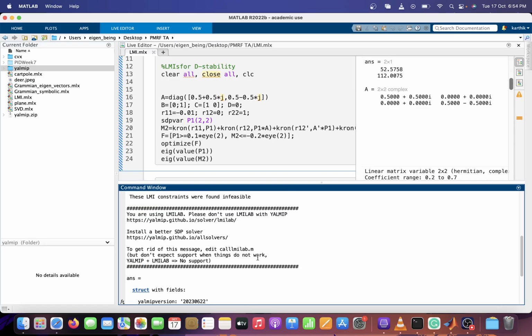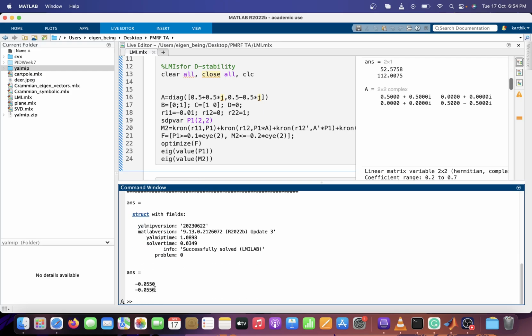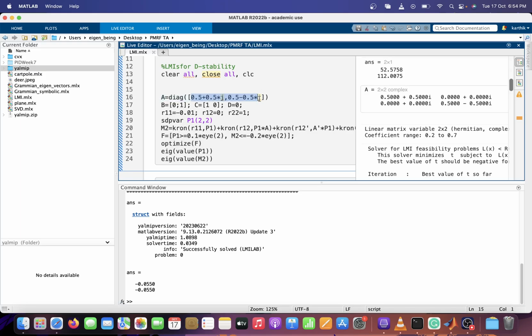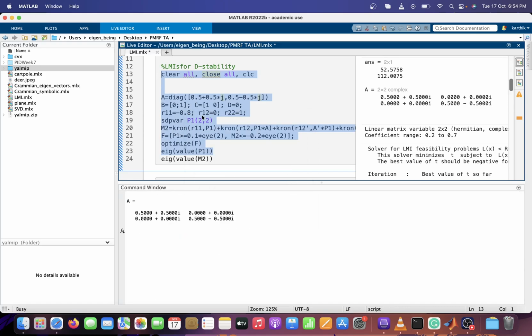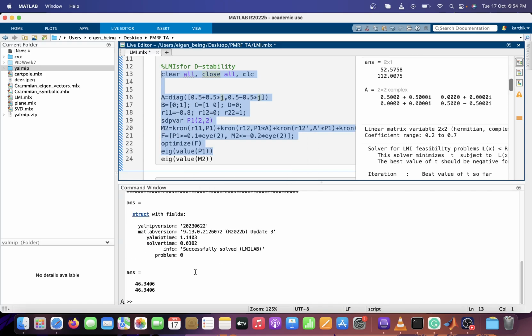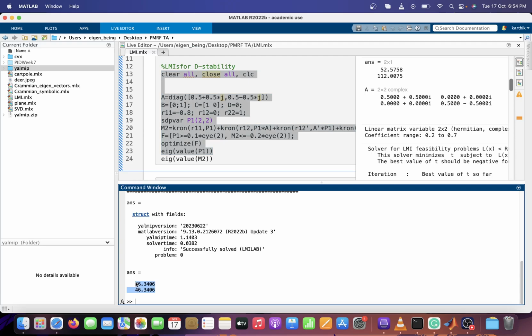It says LMI Lab is not compatible, so it's better to solve using SeDuMi. So this is not a feasible value. This means my eigenvalues of A do not belong to the dr region specified by me. Now if I increase this to 0.8, it will work. If I increase this now, I will get a P matrix which is feasible.